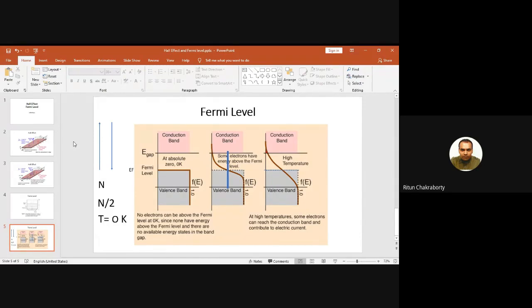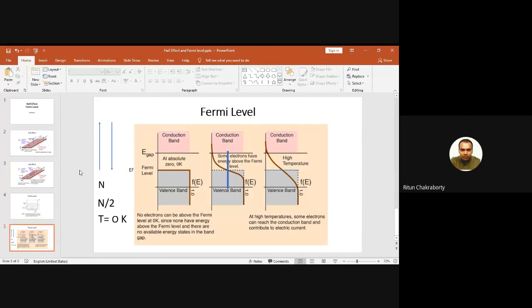Then the next line, what we have written: the N by 2 level in this case, the level which divides filled and empty levels, the highest filled level, is known as the Fermi level. The corresponding energy is called the Fermi energy. What was the definition of Fermi energy that we discussed in the introduction?